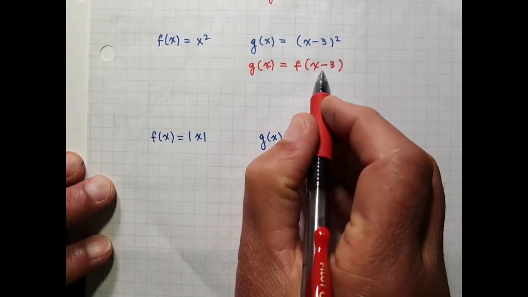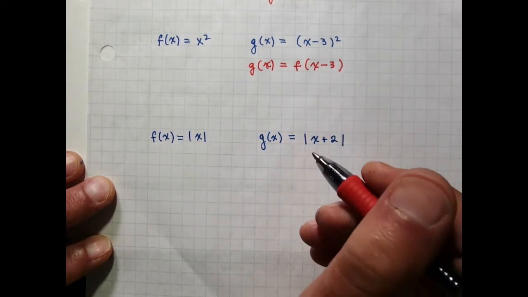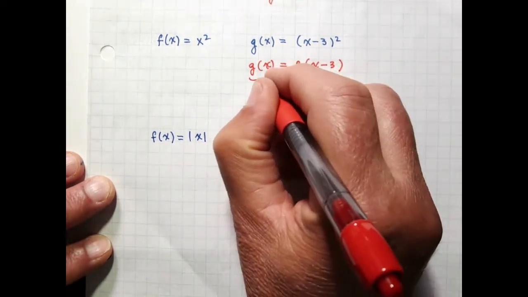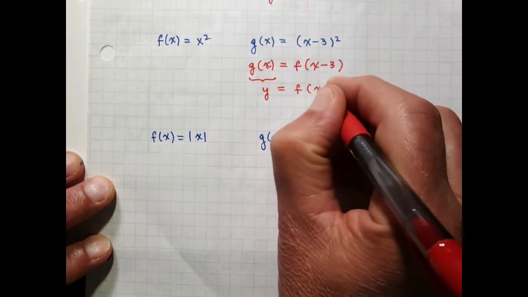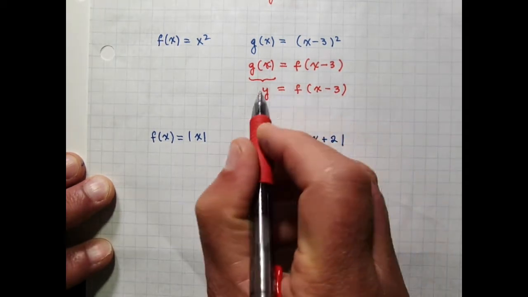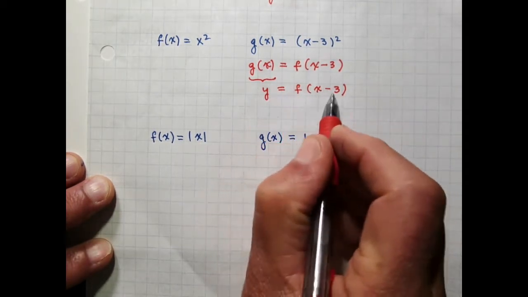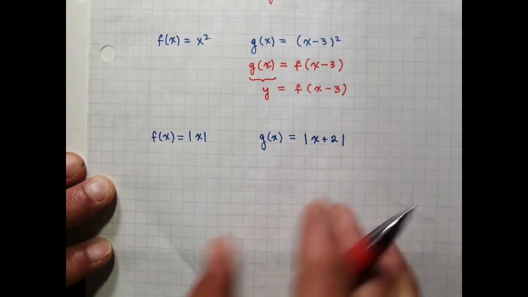Think of what that composition would be. f of x minus 3 would be x minus 3 in parentheses squared. And then, again, sometimes books will just say y equals f of x minus 3 and not even give the new function a name. This represents the function g, but we're not using the g name for it.